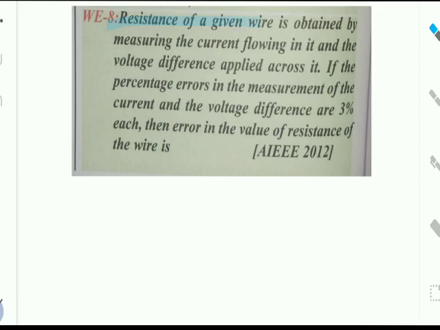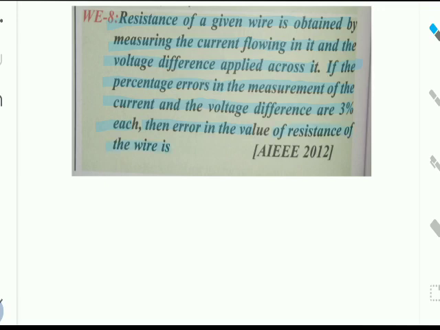Resistance of a given wire is obtained by measuring the current flowing in it and the voltage difference applied across it. If the percentage error in the measurement of the current and the voltage difference is 3% each, then what is the error in the value of resistance of the wire?